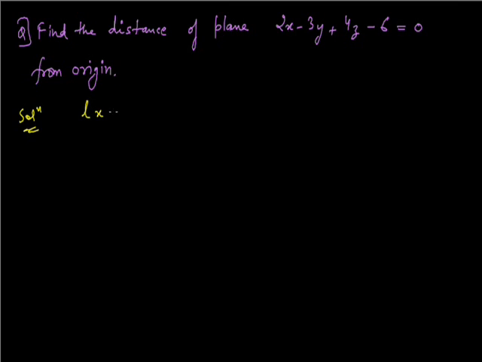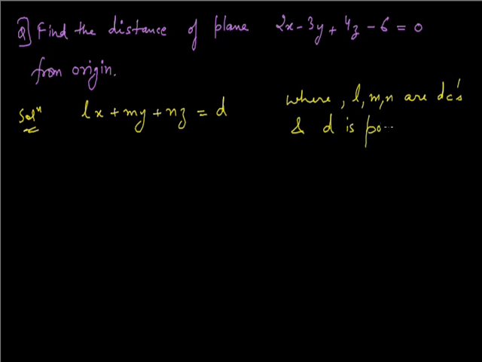The standard form is Lx plus my plus nz equals d, where l, m, n are direction cosines and d is positive. So let's write down this equation. It is going to be 2x minus 3y plus 4z equals 6.